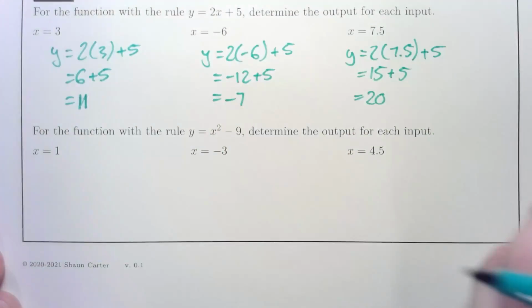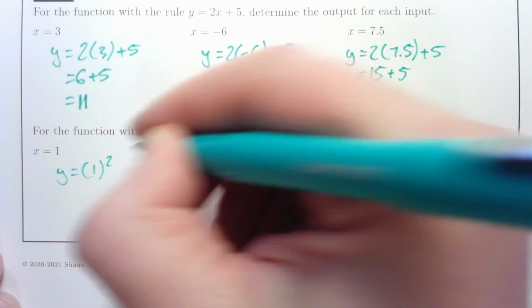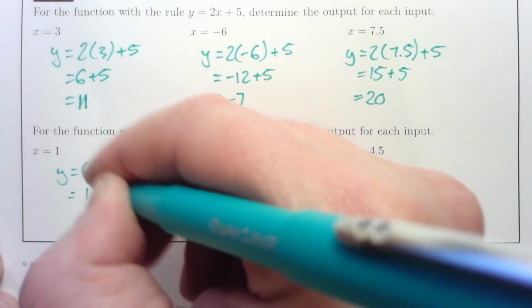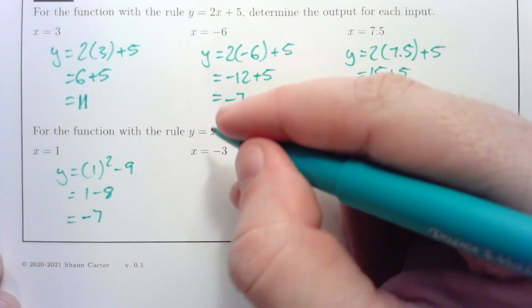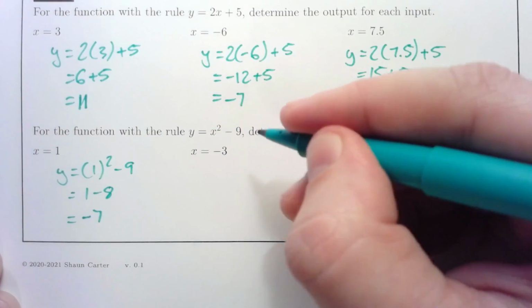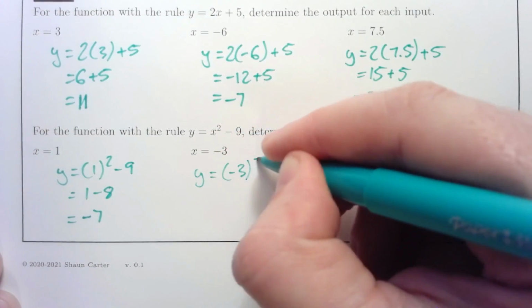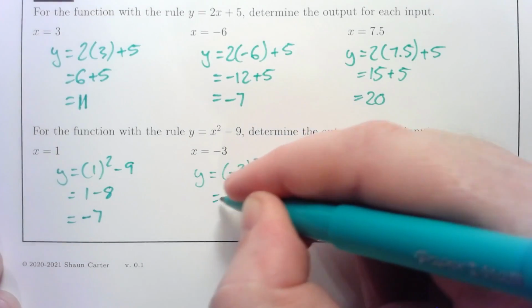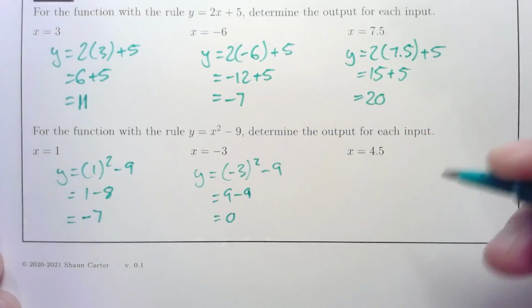So for the input x equals 1, y is equal to 1 squared, take 9. 1 squared is 1, and 1 take 8 is negative 7. For the input x equals negative 3, y is equal to negative 3 squared, take 9. Negative 3 squared is 9, so this is 9 take 9, which is 0.